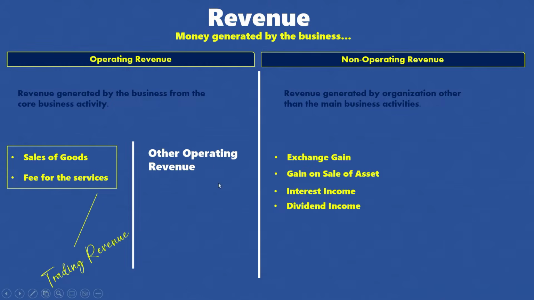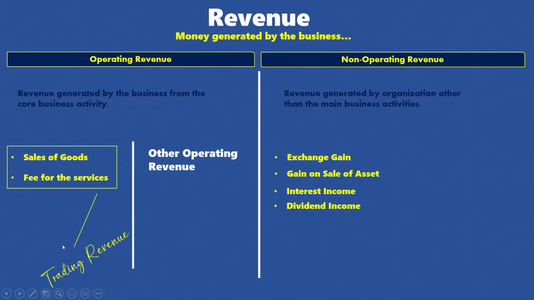By the way, there is no such thing as other operating revenue, so any trading revenue by default falls under the operating revenue. So this further classification will not be very meaningful here, and you can simply say operating revenue as your trading revenue as well.